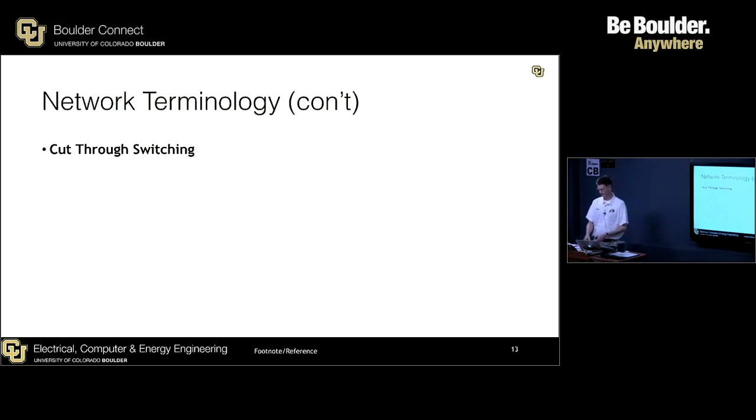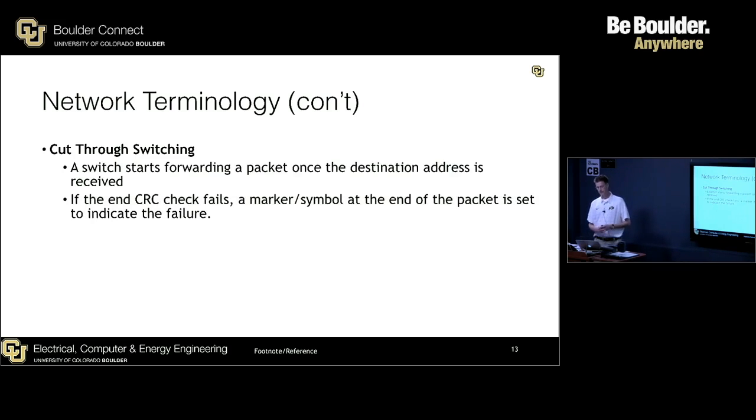And it achieves a much lower latency. So if the CRC check at the end fails, there has to be a mechanism, and all these protocols have some mechanism of poisoning or marking.